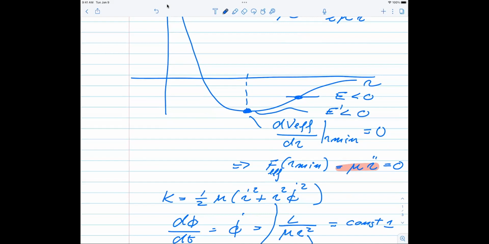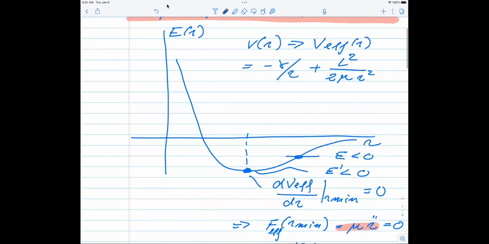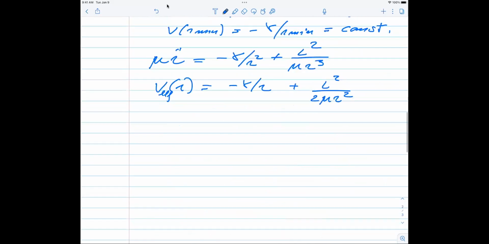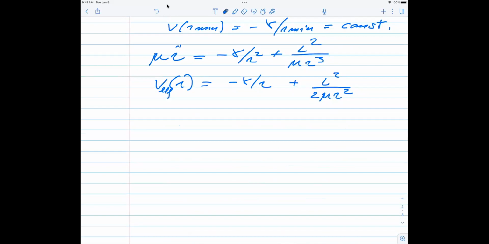And later we are going to look at what happens when the energy is 0, which means that when you make a plot here of the total energy, we can look at situations where the energy is 0, or situations where the energy is larger than 0. And these 4 cases are going to give us 4 types of motion. And we can derive all these types of motion from the analytical solution to the problem. So let's try to find this analytical solution here.